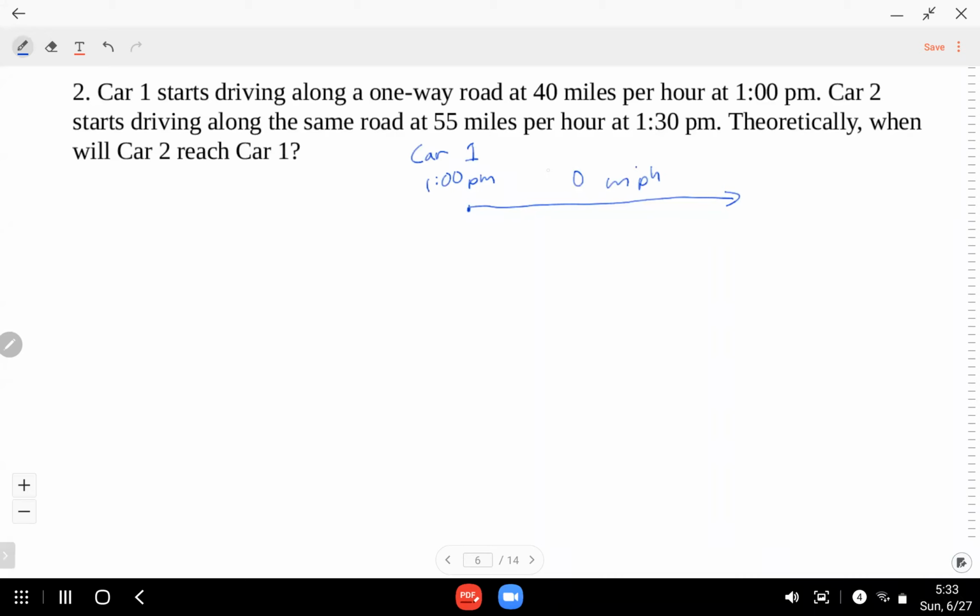It's not drawing what I want it to do. All right, okay. And then car 2 starts at 1:30 p.m. and that is driving at 55 miles per hour. Okay, assuming this road goes on forever, when will car 2 reach car 1?